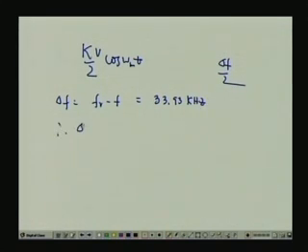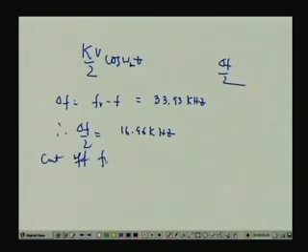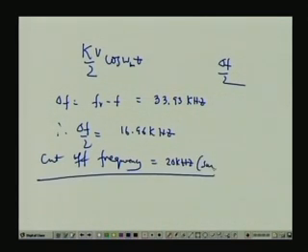So, delta f by 2 I can write 16.96 kilohertz. So, the cutoff frequency we have chosen is equal to 20 kilohertz, right, say. So, this is the answer of the third problem.